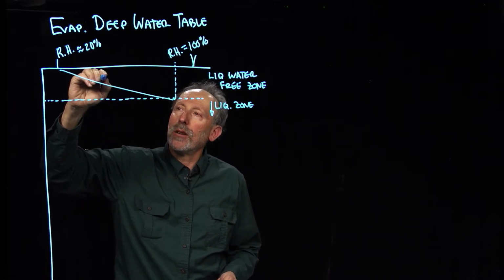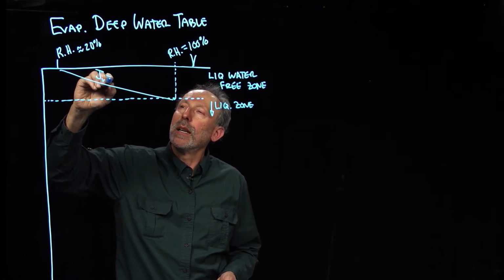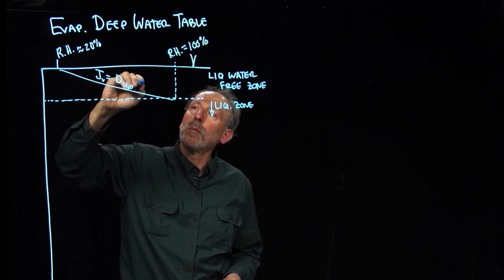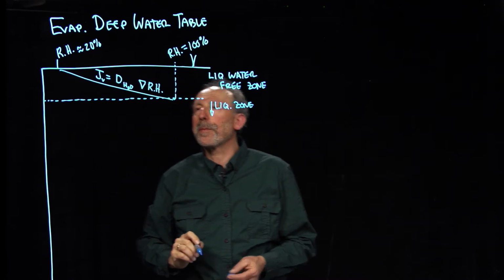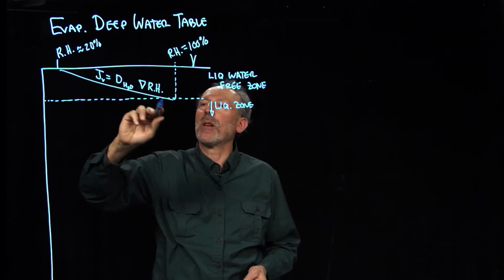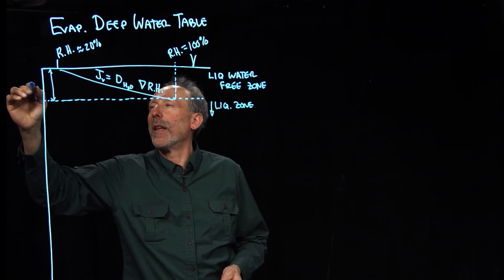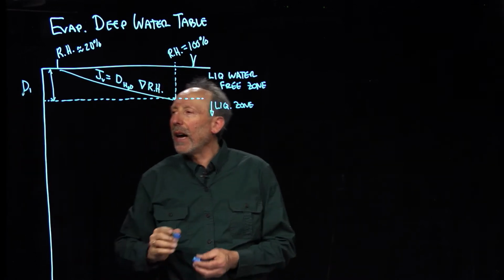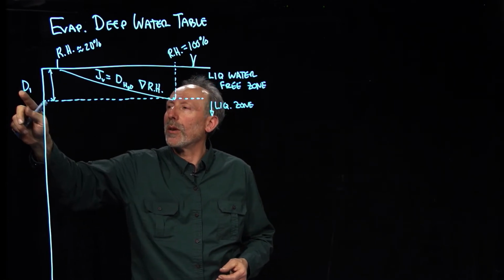So the vapor flux, we can call that J vapor, is equal to the diffusion coefficient for water times the gradient in humidity. And the gradient in humidity will be something like 80% relative humidity over this depth of the dry zone. We'll call that depth D1. So what we have then is a region where vapor is the only driving force.